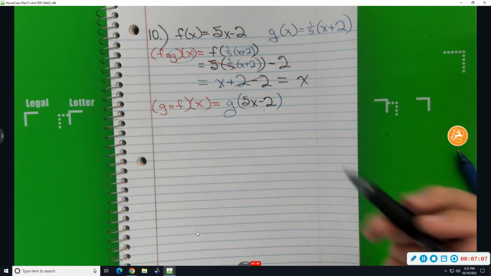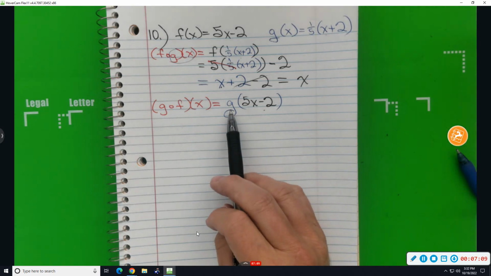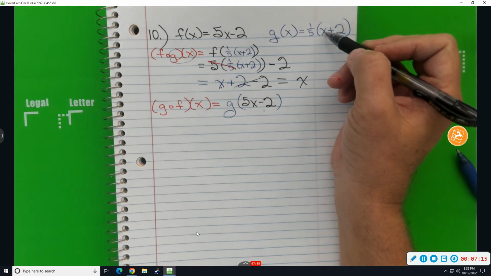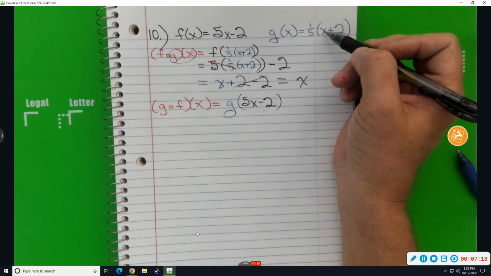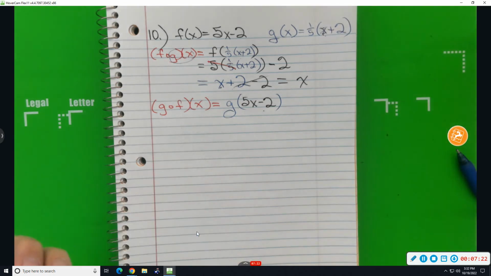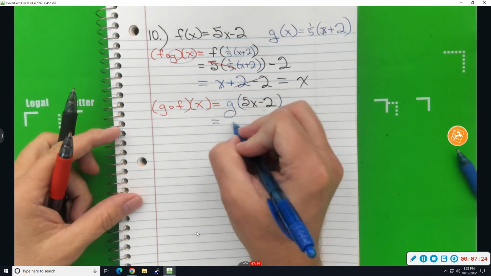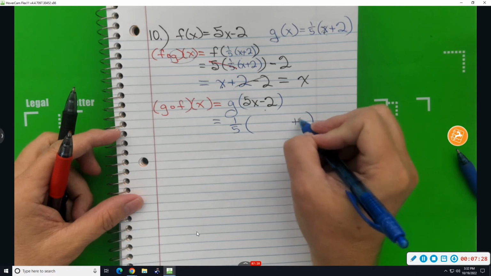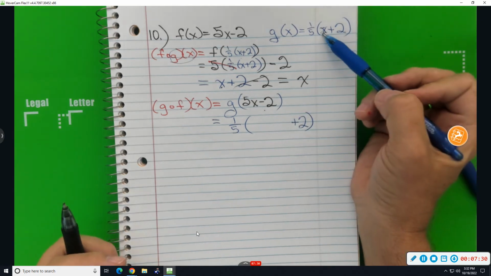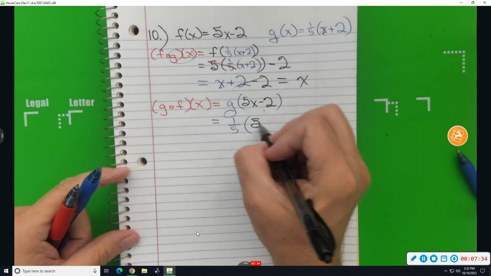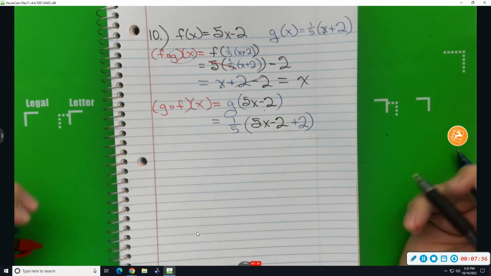So this says, go to your function g, and wherever you see a variable, in place of that variable right there, what am I going to write? 5x minus 2. So I have a 1/5. I'm going to replace that variable with the black 5x minus 2 that I have in parentheses there.